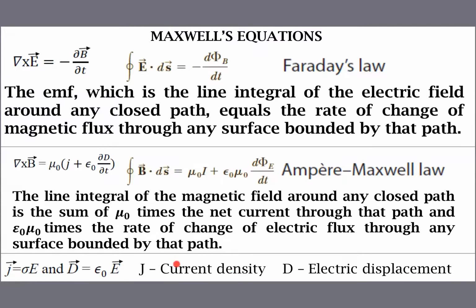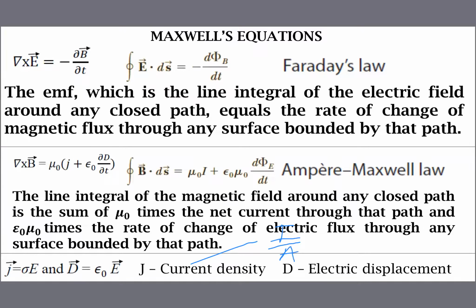The current density can be defined as the product of sigma and E, or we can also call it I divided by A, that is the ratio of current to area.